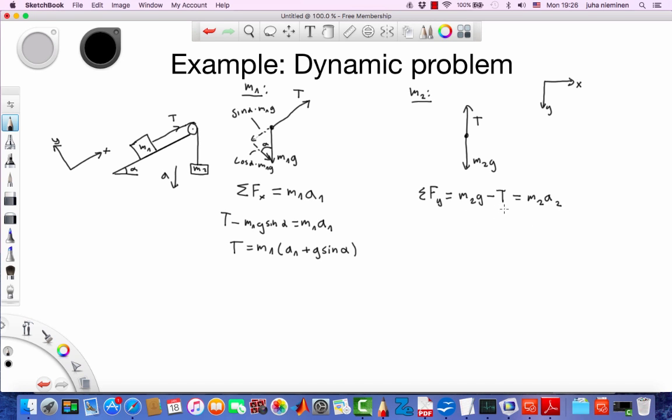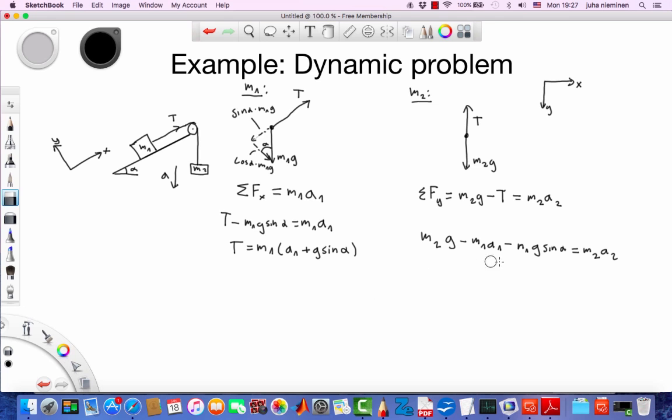And here we can plug in what T is. We just evaluated it with mass 1, so combining these two, m2g, and then T from here. Let's open this up: m2g minus m1 a1 minus m1 g sine alpha equals m2 a2.